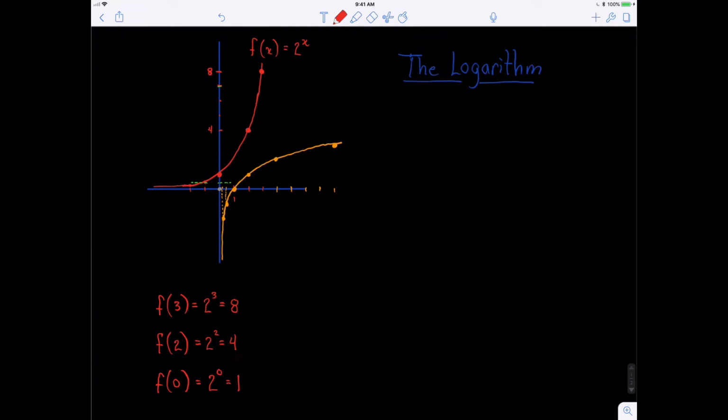Now, we know that if we had the ordered pair from the red graph, 3, 8, or the point 2, comma 4, or the point 0, comma 1, we knew by the property of inverses, and I'm going to write it this way, and we're going to use this double arrow.